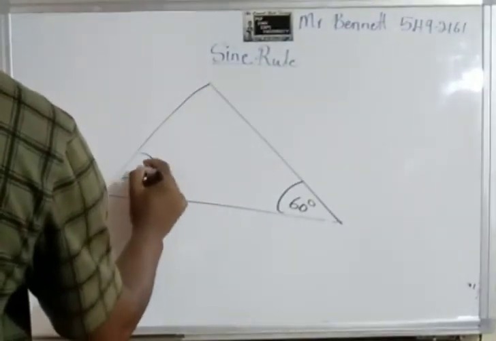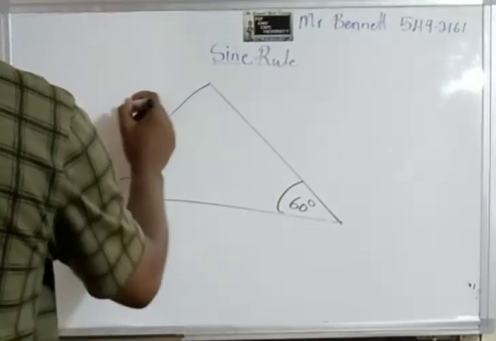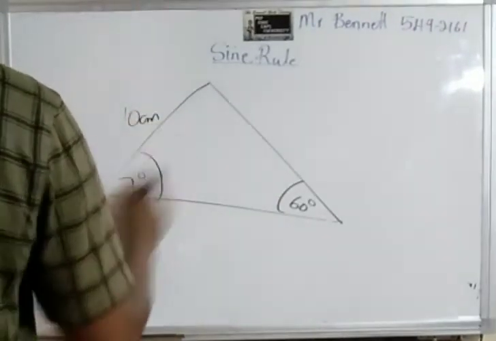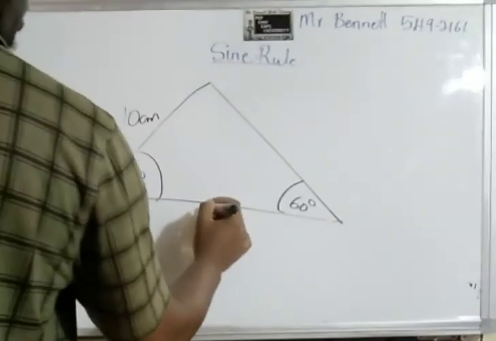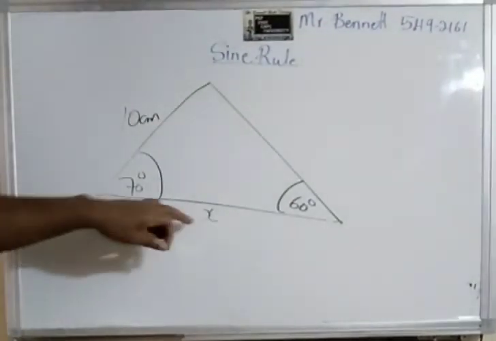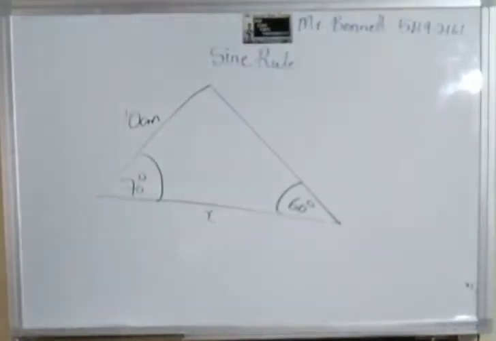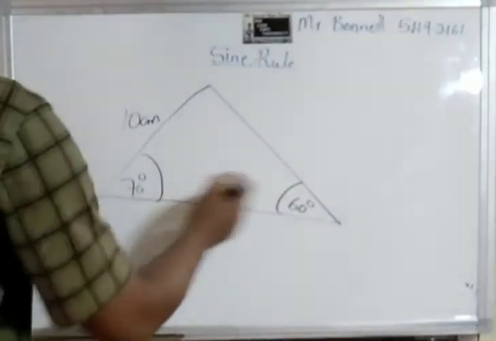This is 70 degrees. So the known side will be 10, and you're asked to find this side. So this time it is a little bit different because we do not know the angle that is opposite to this side, right? I remember I was saying, so we can actually work it out.